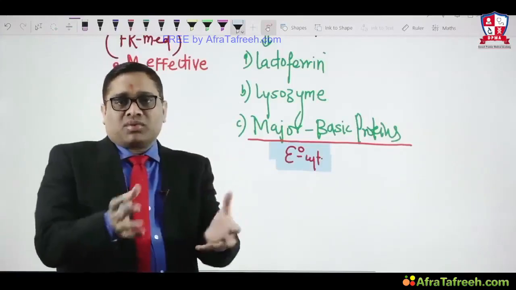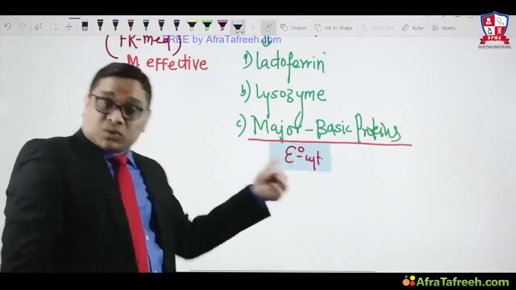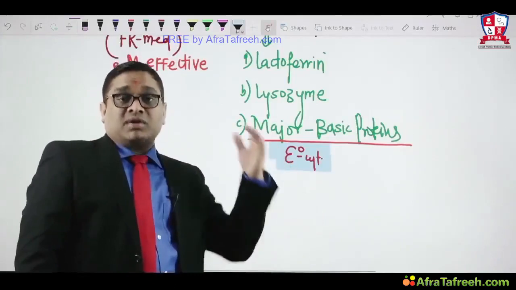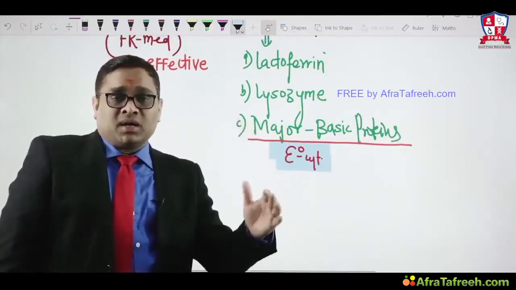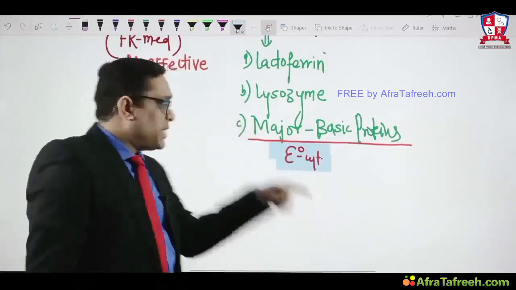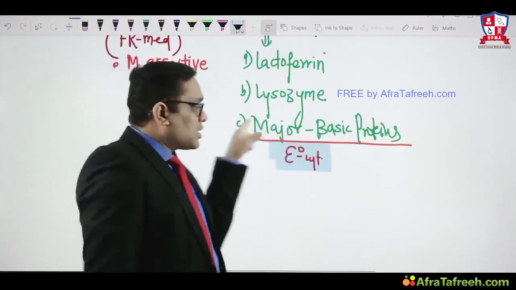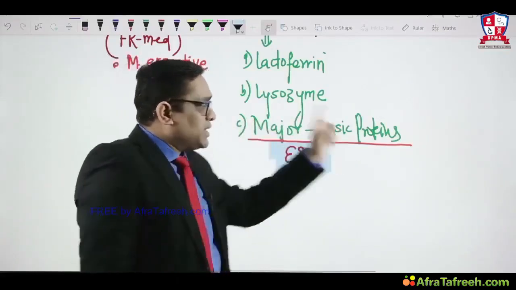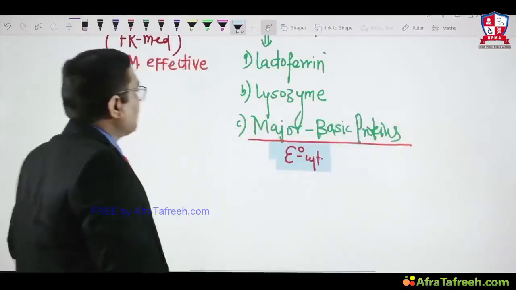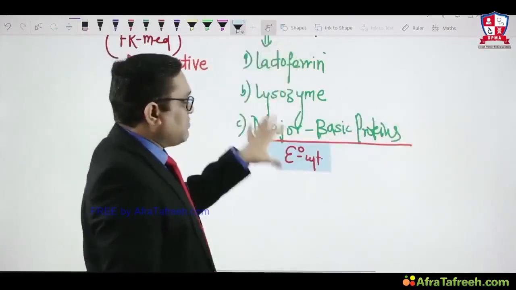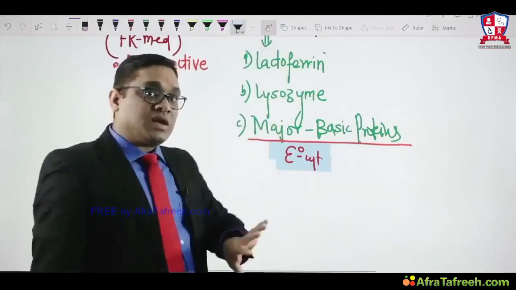So this way we can also connect that the eosinophil is also a phagocytic cell, which kills bacteria or parasites by an oxygen independent mechanism using its granular protein known as major basic protein. So these are the three things, lactoferrin, lysozyme, and major basic protein, which are oxygen independent.